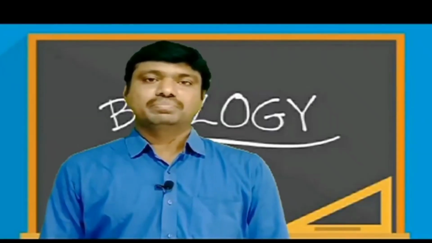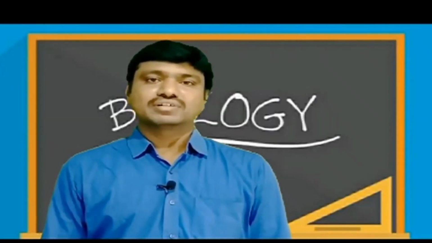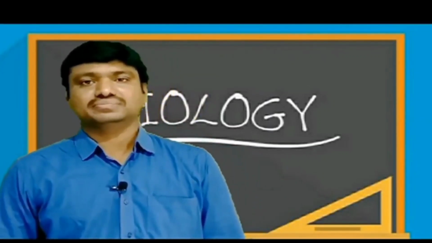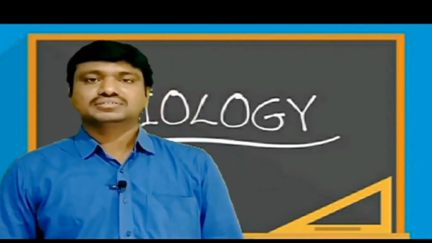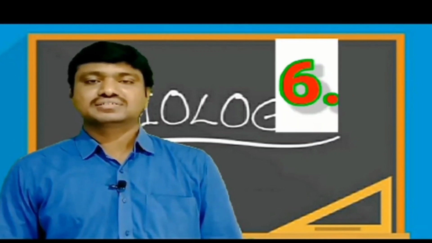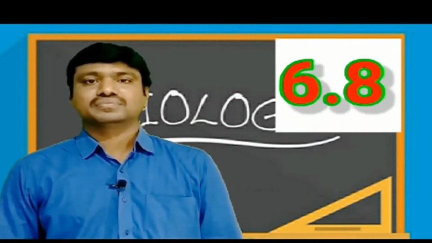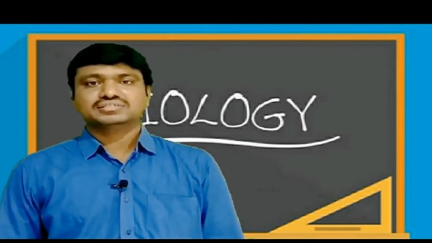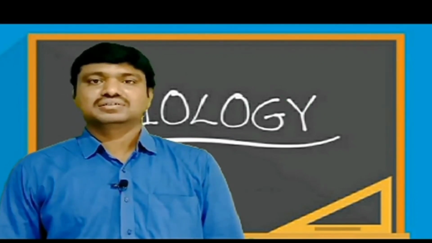Students, let us do activity 8, testing pH of mouth at intervals of 1 hour. What is the pH value of saliva? As you already know, the pH value of saliva is 6.8. Does the pH value of mouth change? Yes.